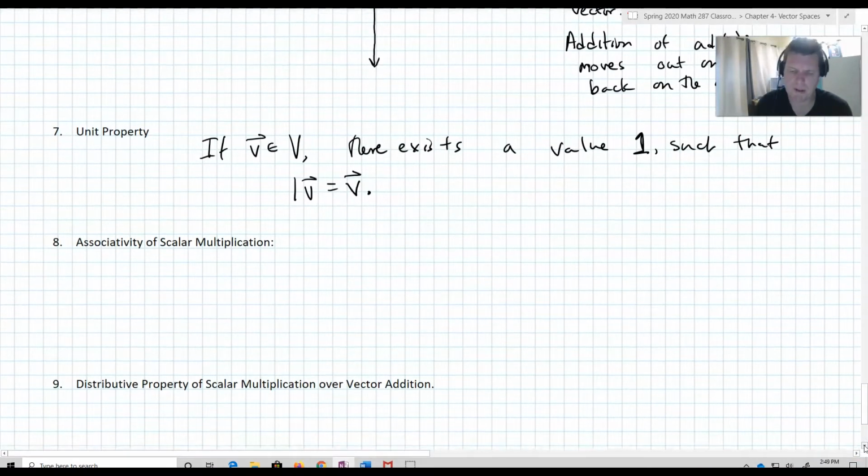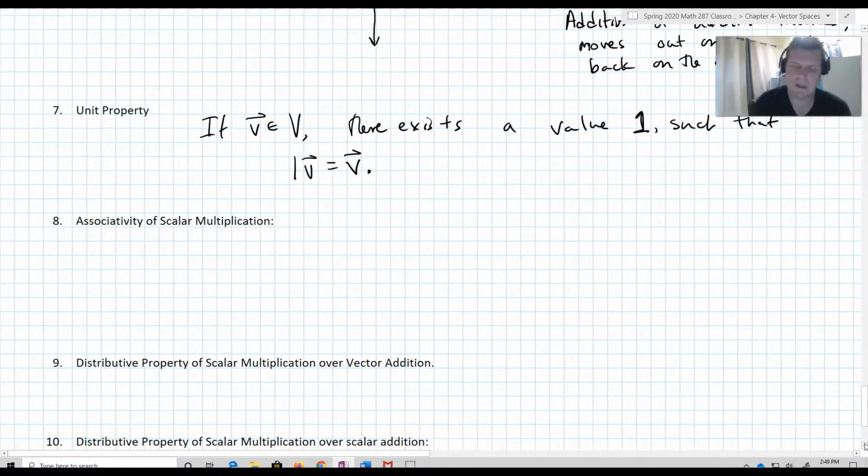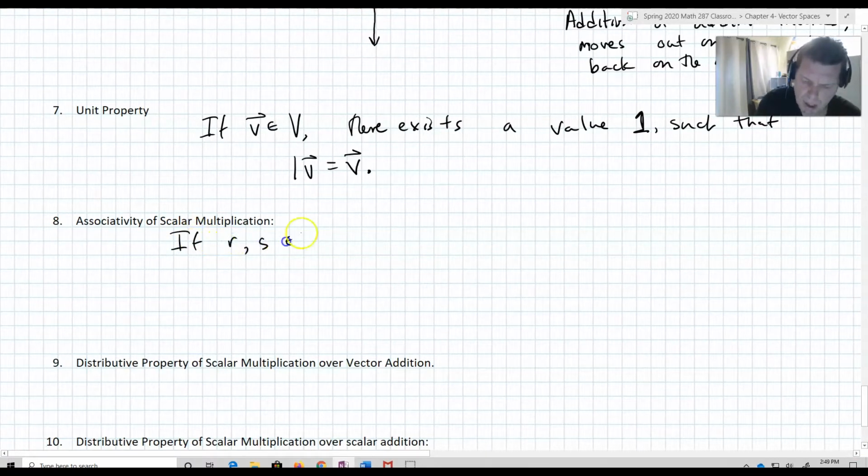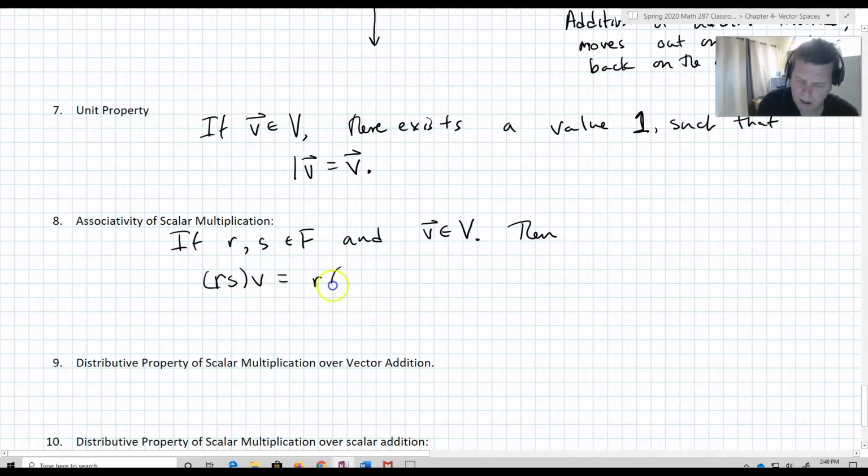Associativity of scalar multiplication, all right? So if r and s belong to that field F that all of our scalars belong to, and v belongs to V, then (rs)v equals r(sv), okay?